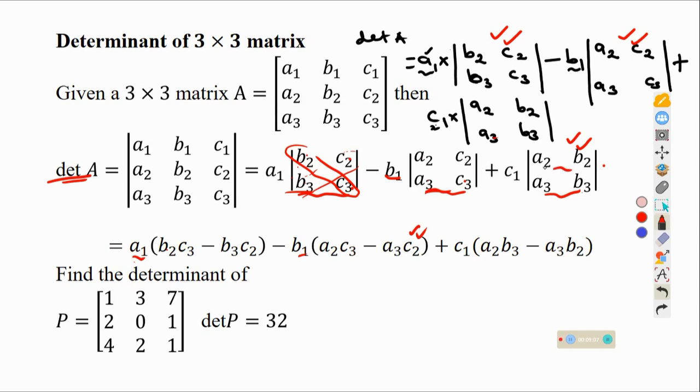Then the determinant here is A2 times B3 minus, in the minor diagonal, A3 times B2, which is this expression. So clearly, after you have done this, what you obtain is what we call the determinant of a 3 by 3 matrix.